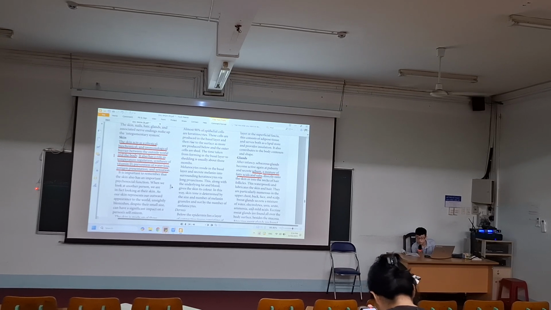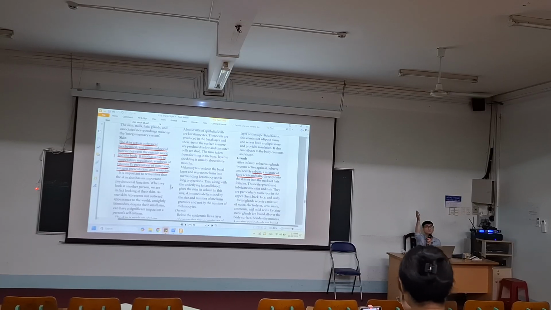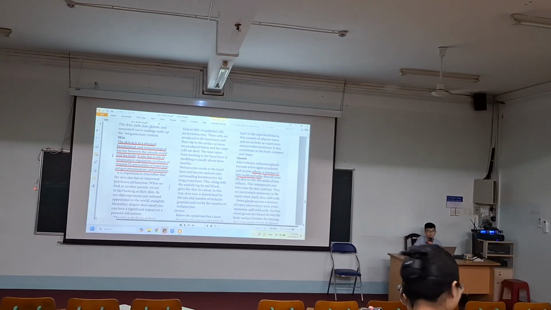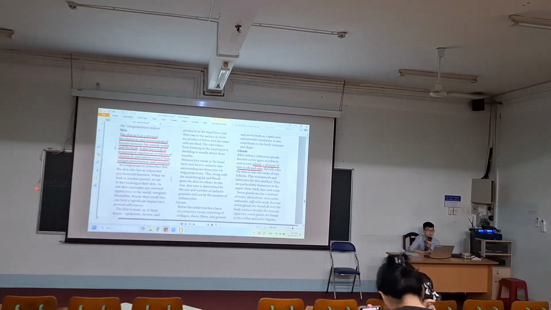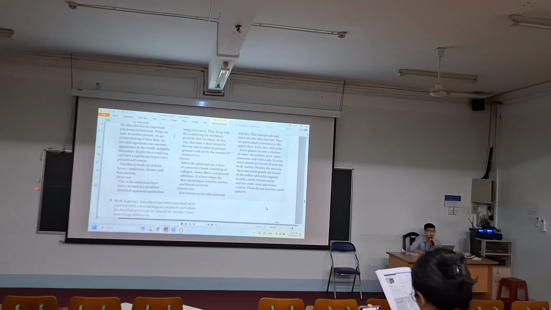What are the layers of the skin? How do you know the three layers of the skin? Name the three layers of the skin. So, how do you know the first layer? Yes, very good.